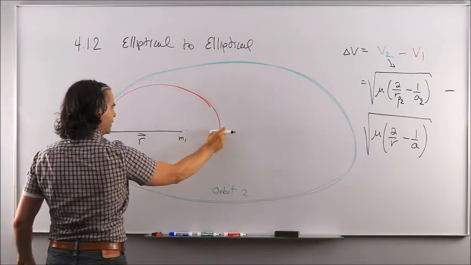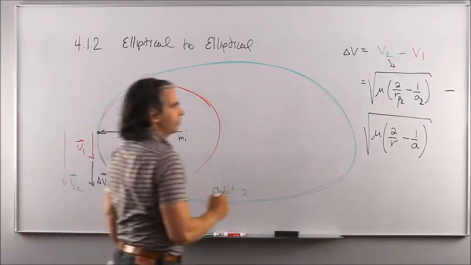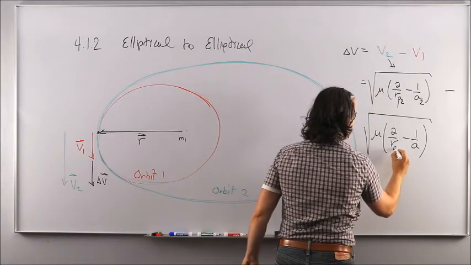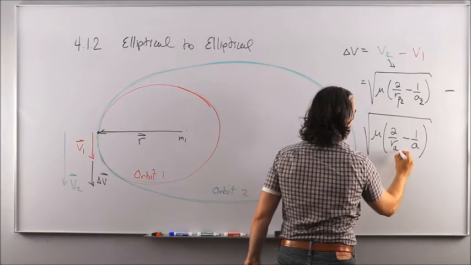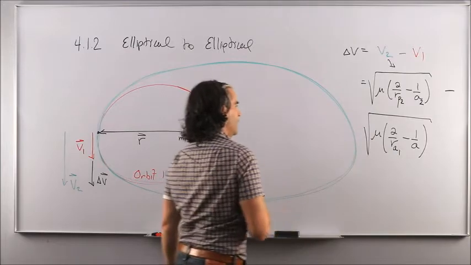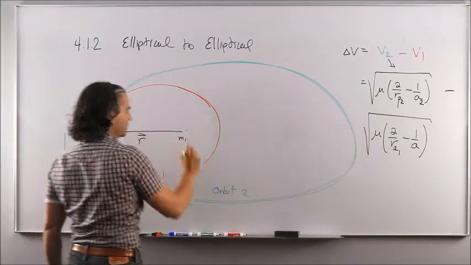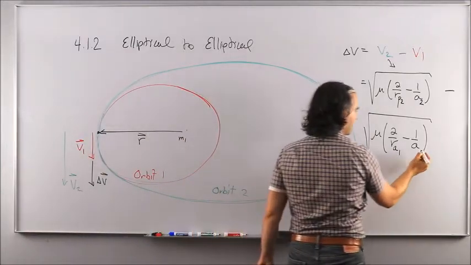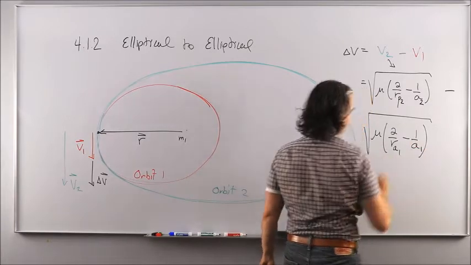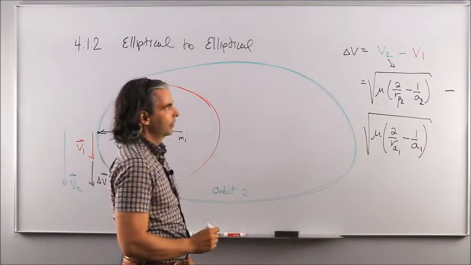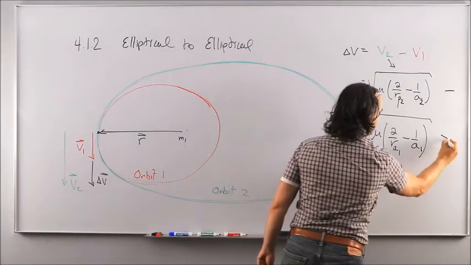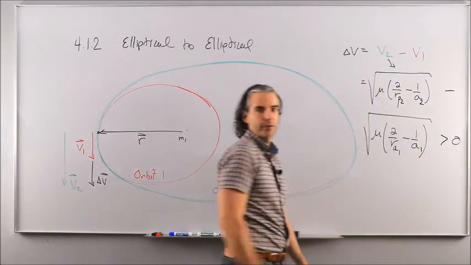Its perigee was here, but that was the apogee. So I'm going to say r apogee of orbit number 1, and 1 over its semi-major axis, or in other words, semi-major axis of orbit number 1, like that. And that will give you a delta V, which is indeed positive.